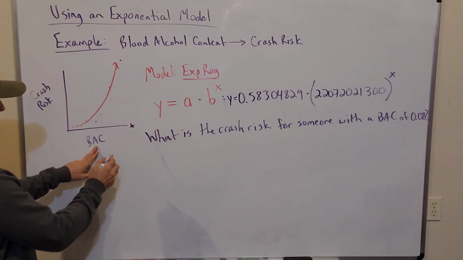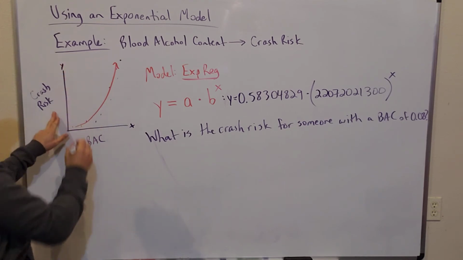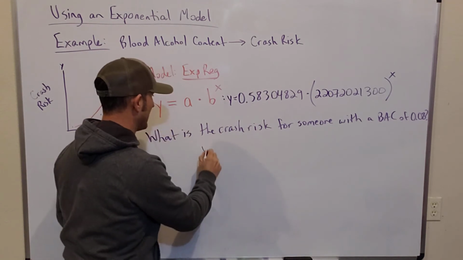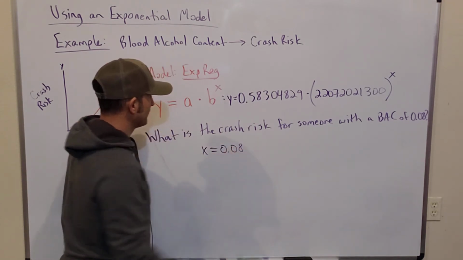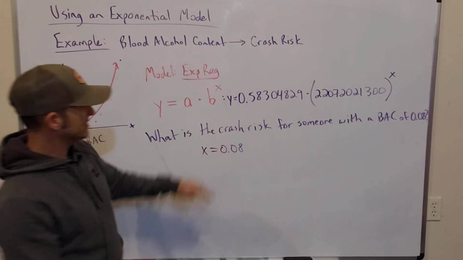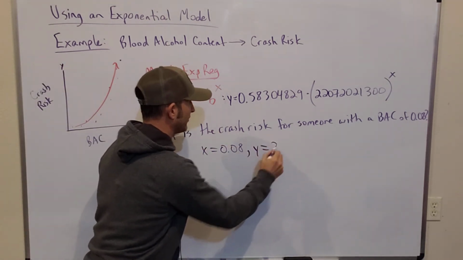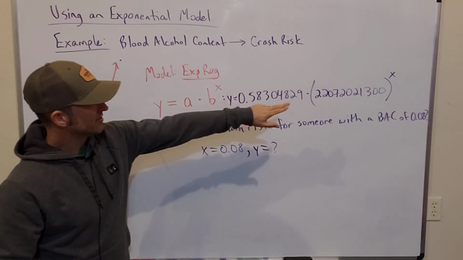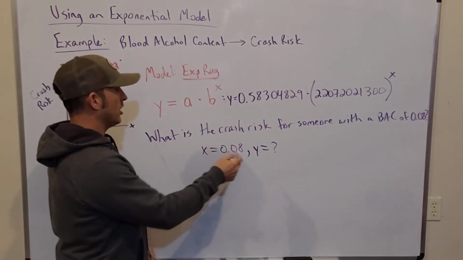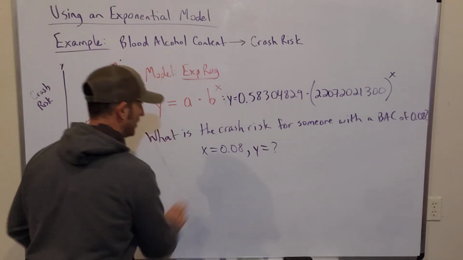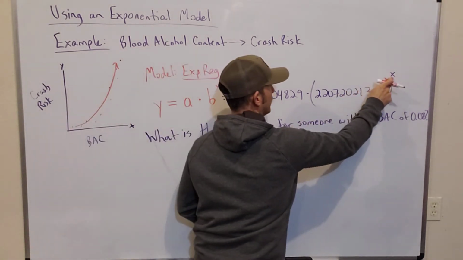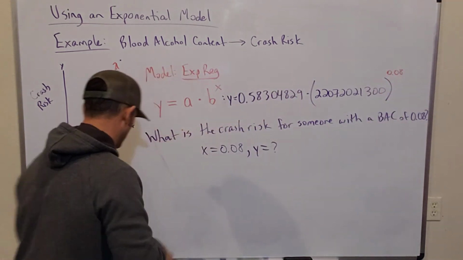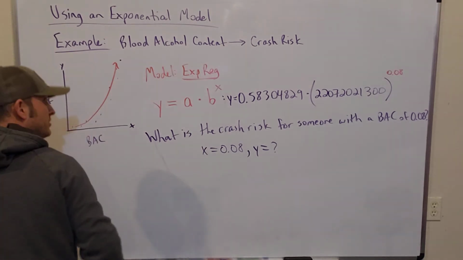The blood alcohol content is your X value and the crash risk is your Y value. So when we say a BAC of 0.08, that means X equals 0.08, and we're trying to calculate Y. We know how to calculate Y. We use this equation. So all I'm going to do is plug this X value of 0.08 in for my exponent right there. I'm going to grab my calculator and go ahead and do that.